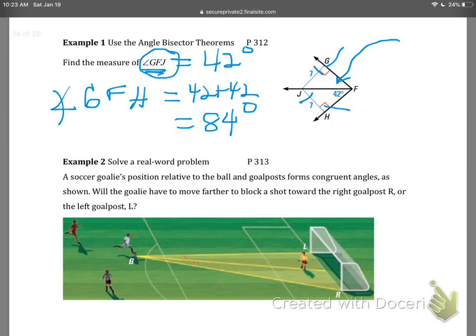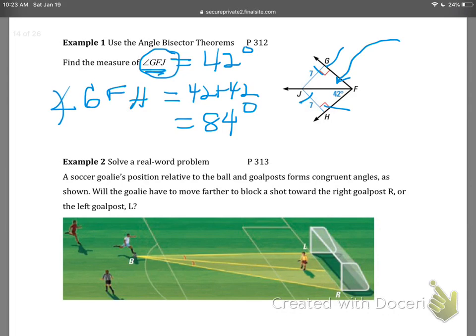Okay, now here's a real world problem. So you have a soccer goalie positioned in front of the net. He is positioned on that yellow line that you see. So let's read the problem. A soccer goalie's position relative to the ball and goalposts forms congruent angles as shown.